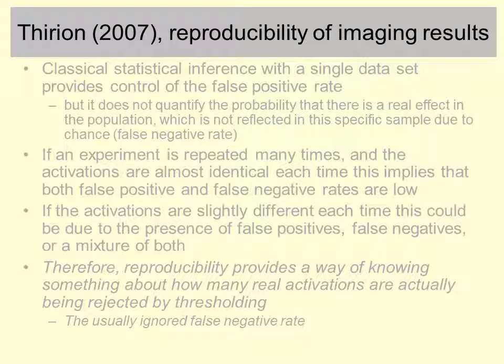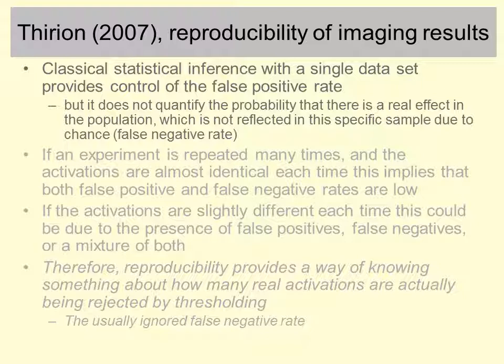This issue has been examined in most detail by Tyrion in 2007, who looked at the reproducibility of brain imaging results. The thing is, when you've only got one set of data, which is the position we're generally in when we're trying to publish something, we can use classical procedures to give us control of the false positive rate.